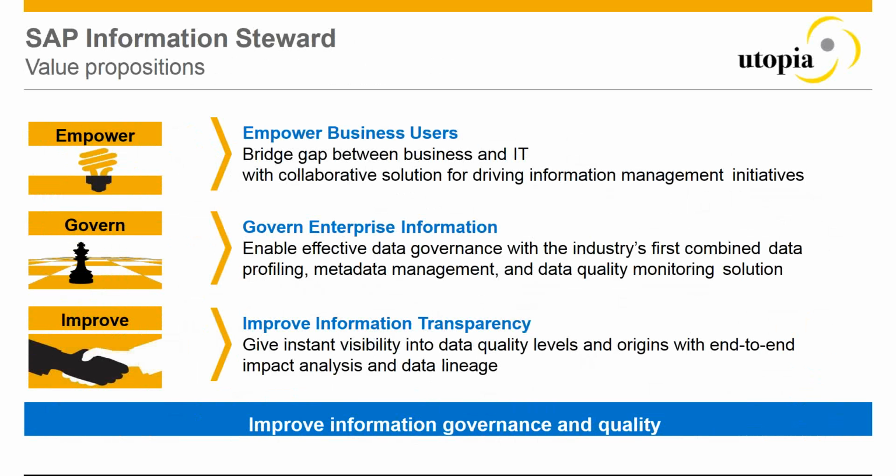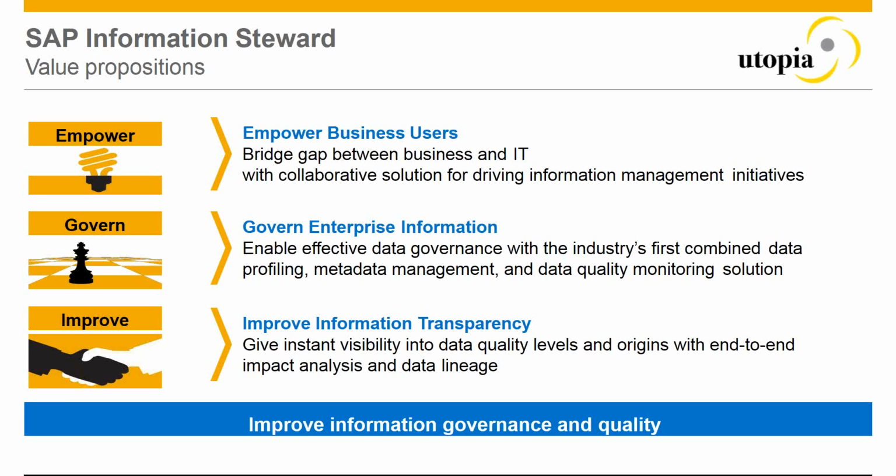The components that we look at in terms of SAP Information Steward, which has been a very powerful tool, has three primary value propositions. The first is really to empower business users and bridge that chasm or gap between business and IT with this collaborative solution. Second is it provides a foundation for establishing governance in an enterprise and for enterprise information management.